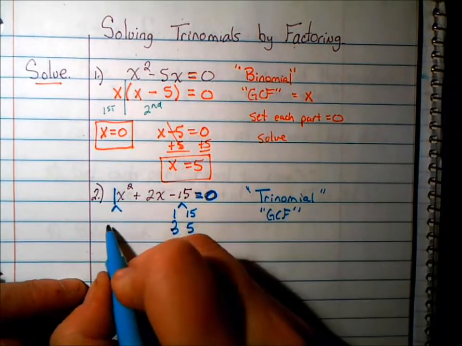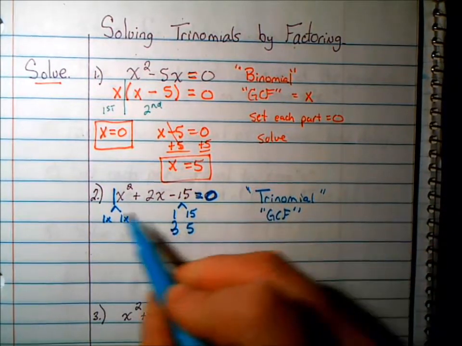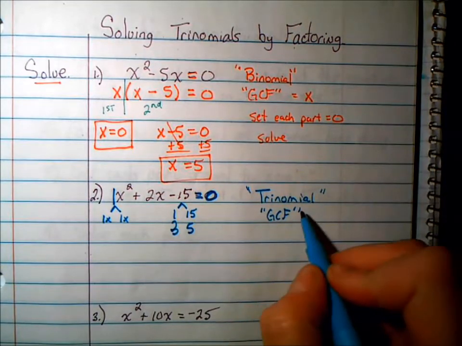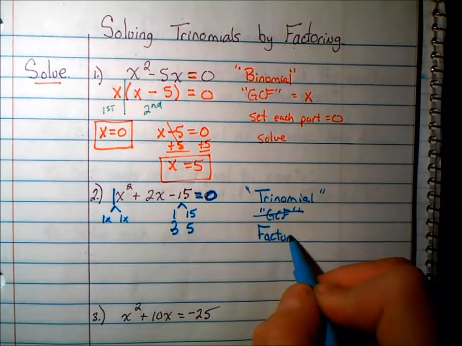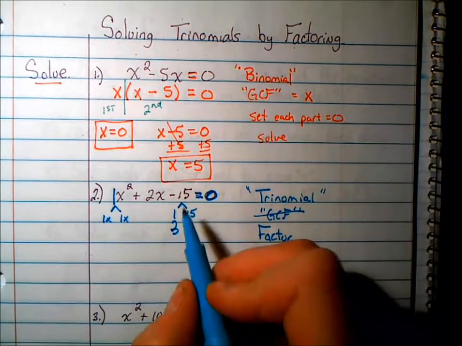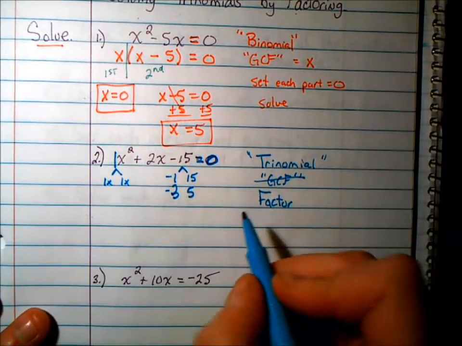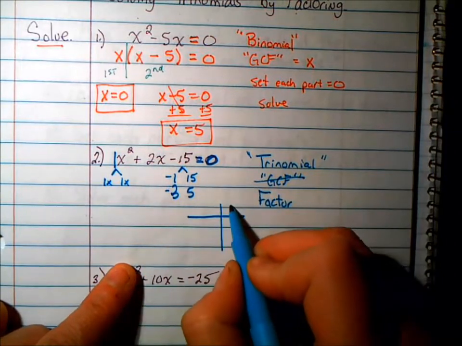Factors of 1 and x is just 1x, and then the 2 is just 1 and 2, so there is not a GCF at all on this particular listing. So that is taken care of. Now I just need to factor like we did all last week. I realize this is a negative 15, so I'm going to put negatives down one column, and this is where I've got to shoot for my target of a 2.